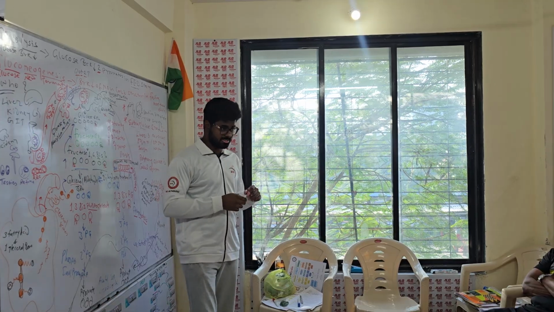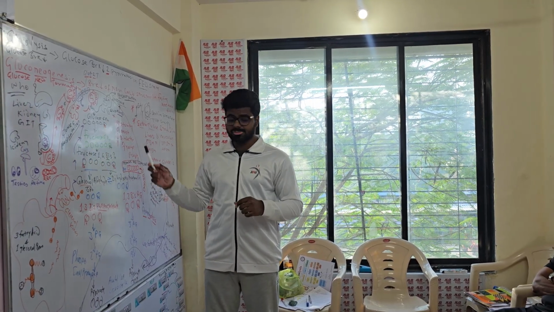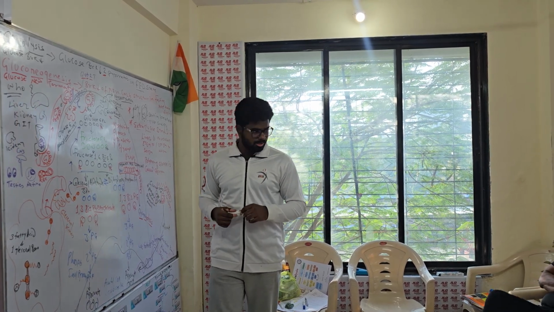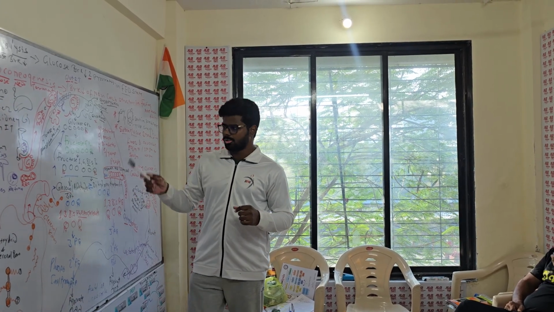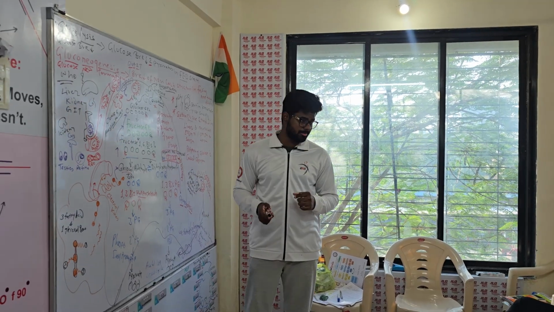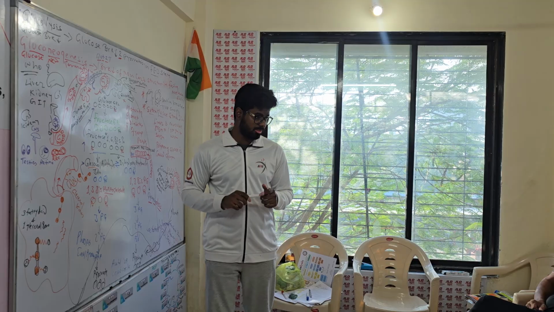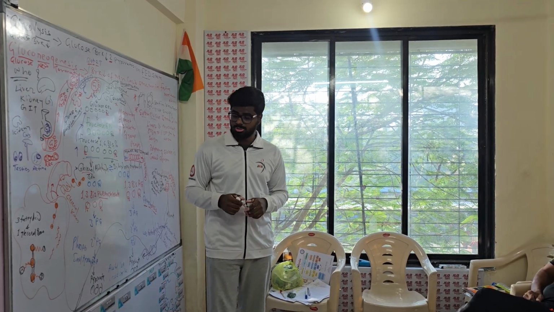In glucose, we have 6 carbons, so at the sixth position the glucokinase will add the phosphate. We also have another enzyme, known as glucose 6 phosphatase, which is responsible for removing this phosphate at the sixth position of the glucose.